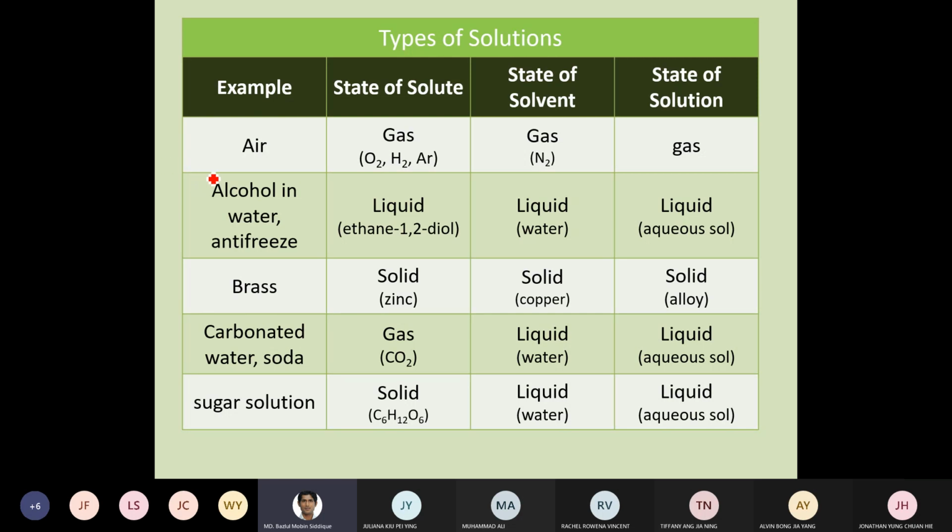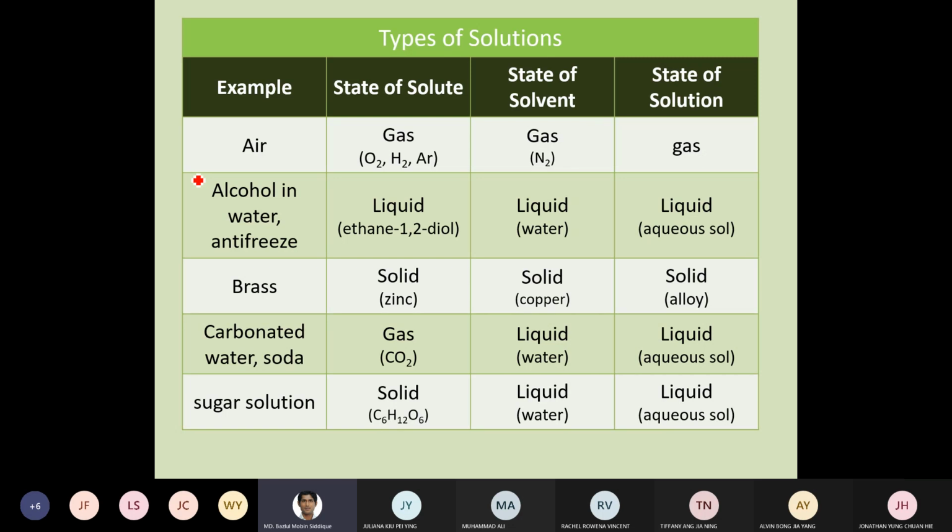So for the gaseous phase, air is a mixture of many things, isn't it? We have oxygen, we have carbon dioxide, we have so many particles and dust, and everything is in the air.